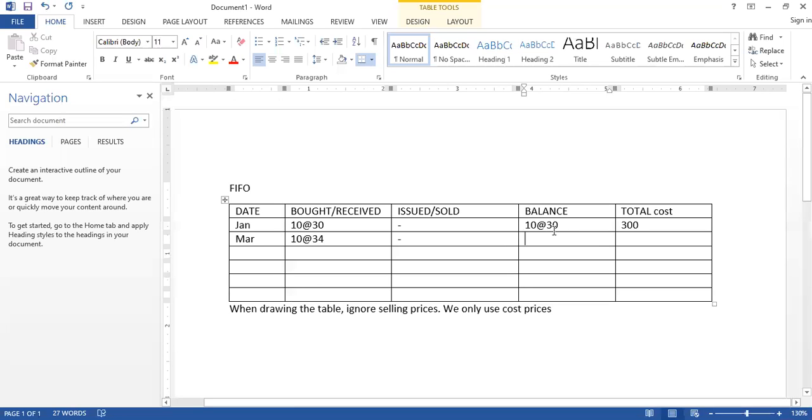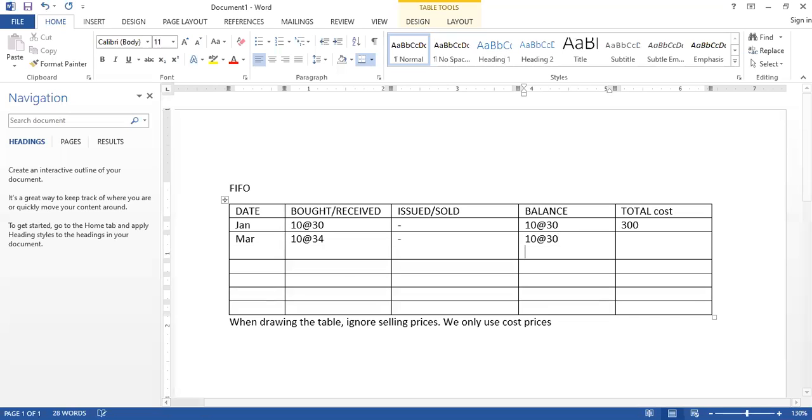In this case, we bring down the balance from January, the previous month. So we have 10 at the price of 30. After bringing down the balance from the previous month, that's when we can record our new balance of 10 at $34.